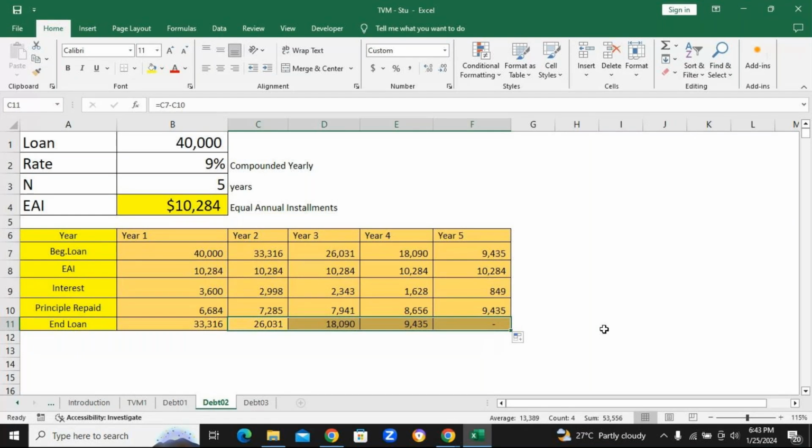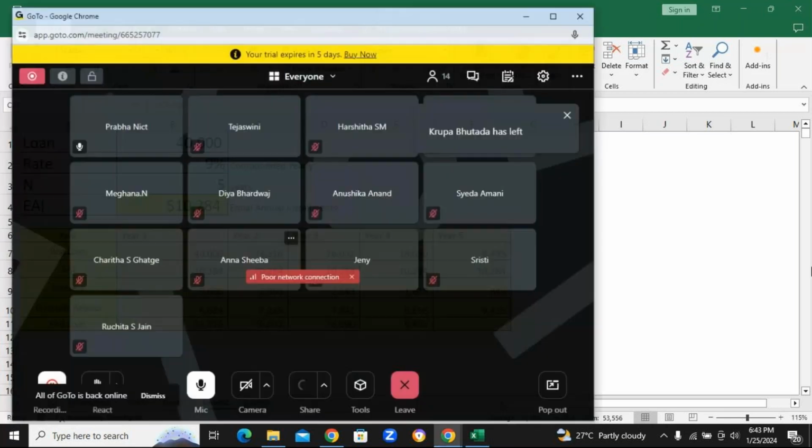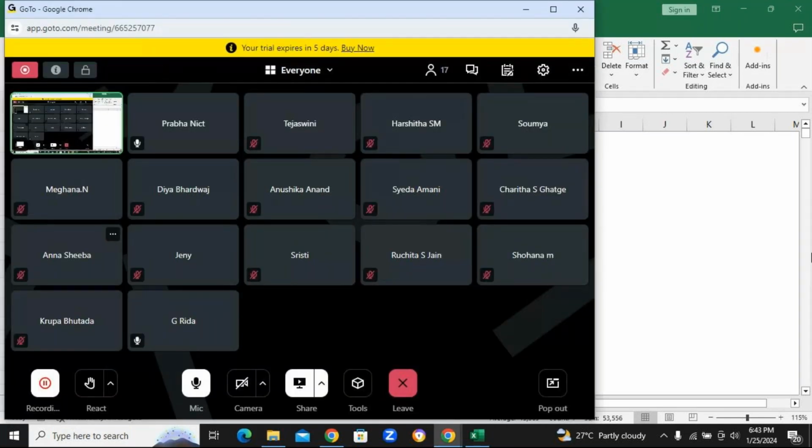So did everyone get these values? Type in 1 if you have got the same values. Yes, ma'am. Okay, very good. Soumya has tried.